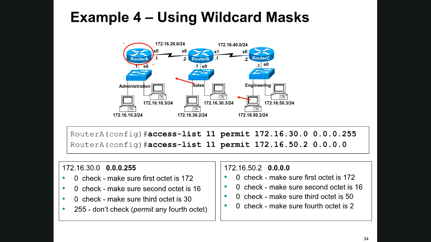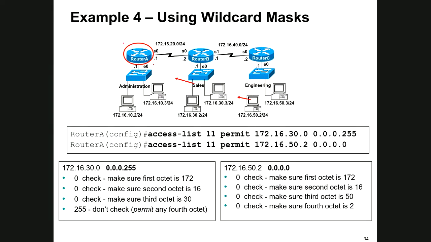So that line 1, access list 11, permit 172.16.30.0 0.0.0.255 means if your IP address is 172.16.30.anything, I don't care what the fourth octet is, you are to be permitted. That takes care of the business requirement that everybody in the sales department can communicate with the server over the admin building.